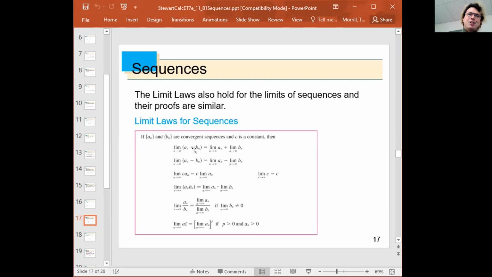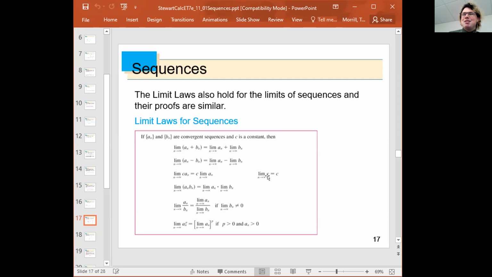The limit of the sum of two sequences is the sum of the limit of the sequences taken separately. The limit of the difference of two sequences is equal to the limit of the first sequence minus the limit of the second. The limit of some constant c times the elements in a sequence is equal to c times the limit of that sequence.